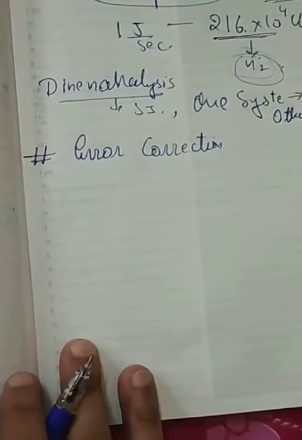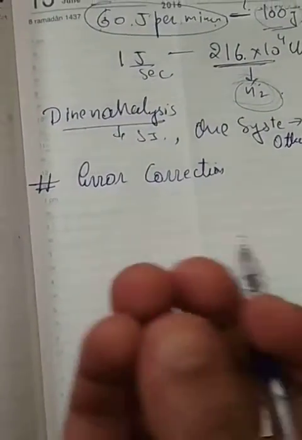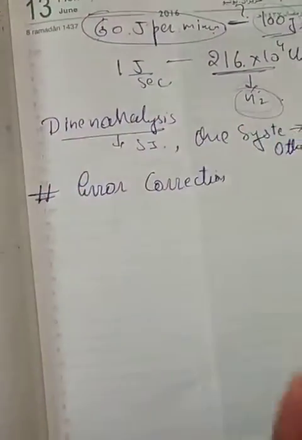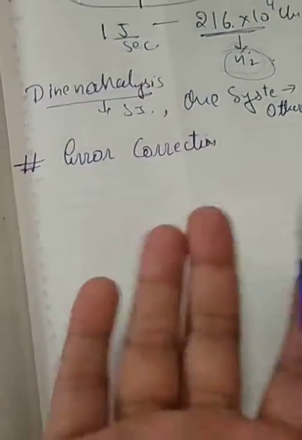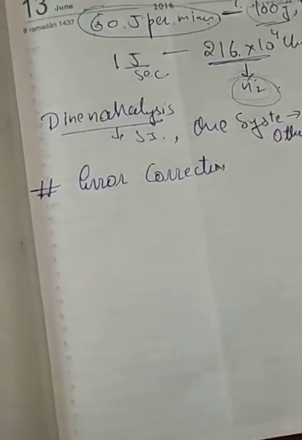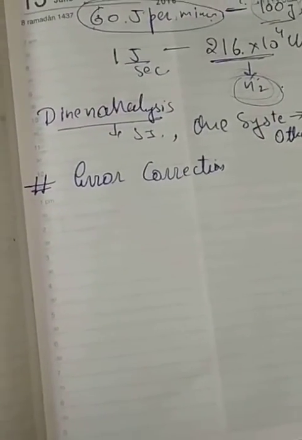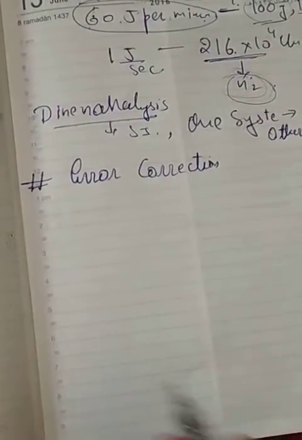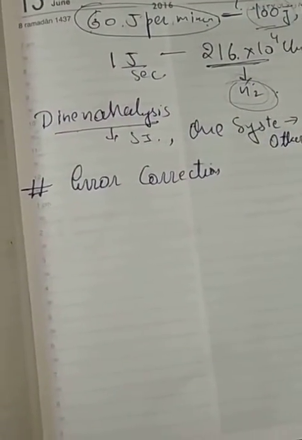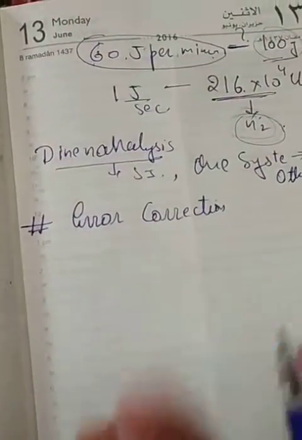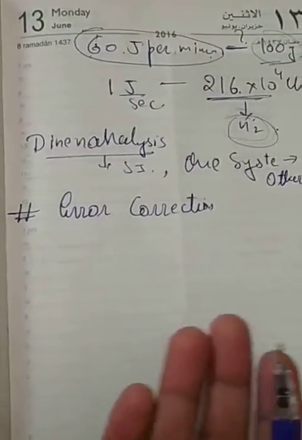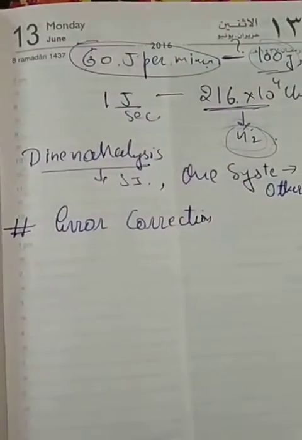Error correction means, suppose you are given some formula and you want to know whether this formula is correct or not, or you want to derive a new formula with some physical quantities. For example, we know that force can be written as mass into acceleration, correct? Or energy can be written as mgh, or energy is equal to force into displacement also.